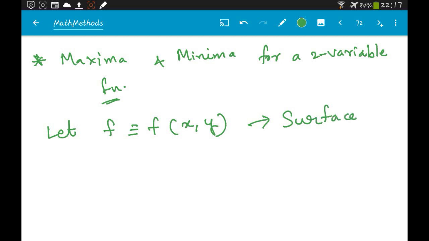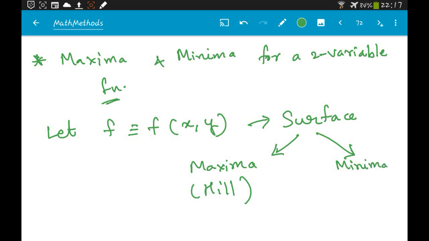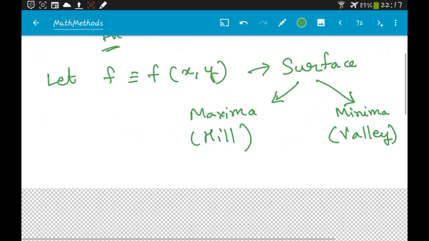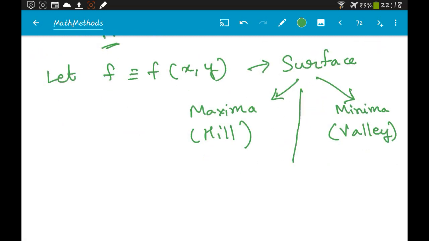Okay, so if it is a surface, what you are looking for is whether it is a maxima, which means whether it is a hill, right? Maxima, which is a hill, or whether it is a minima, which is a valley. Okay, there can also be sometimes a saddle point.